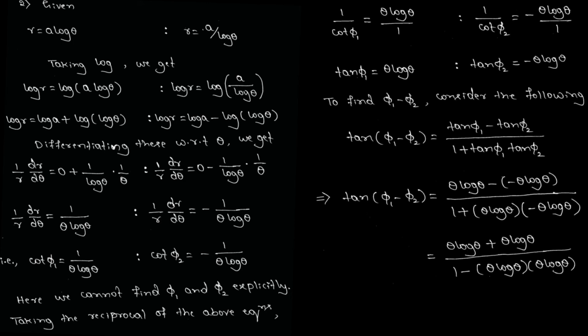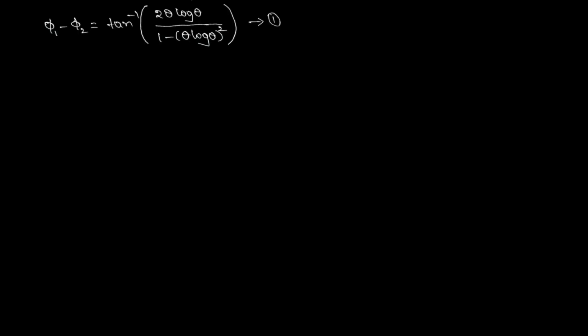In the numerator it becomes 2 times theta log theta, because theta log theta plus theta log theta gives 2 times, and the denominator becomes theta log theta, the whole square. By taking that tan from LHS to RHS, we get tan inverse of this. So this is the value of phi 1 minus phi 2 that we were looking for.